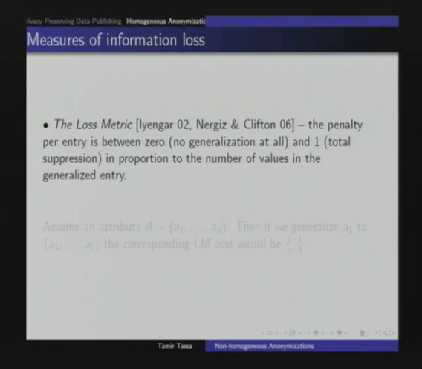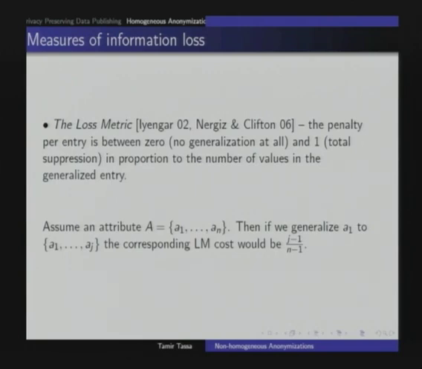The first one is the loss metric measure that was proposed by Iyengar in 2002 and by Nergiz and Clifton in a paper from 2006. Here the penalty for each generalized cell is a number between 0 and 1, where 0 means you did not do any generalization, 1 means you did the full generalization, namely suppression, and it reflects the number of values in the generalized entry.